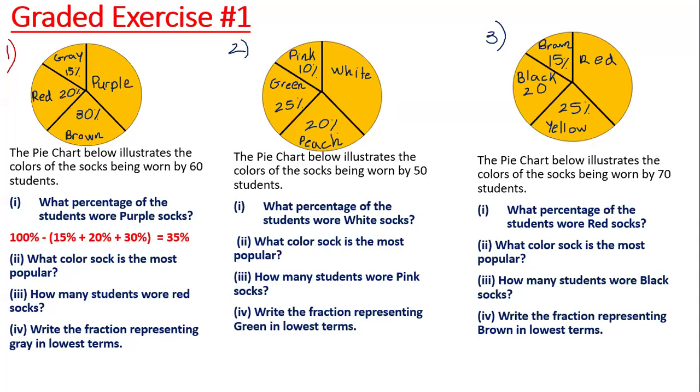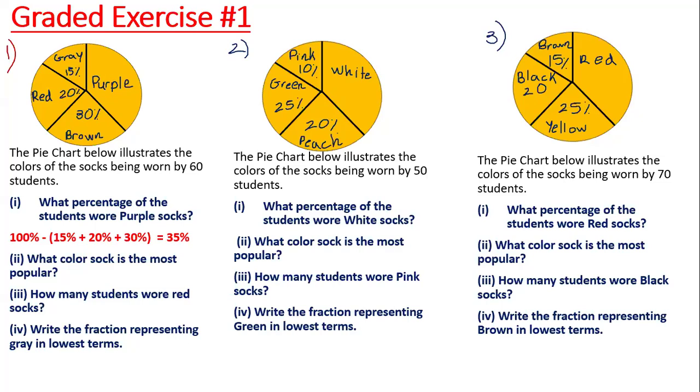Do you understand how I got 35%? Read the question. The pie chart below illustrates the color of the socks being worn by 60 students. What percentage of the students wear purple socks?